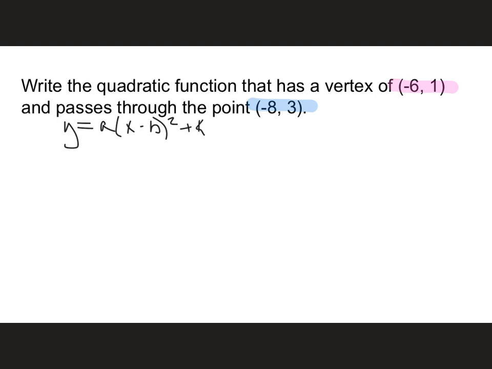And then y would be 3 equals a times x would be negative 8. And then this is going to be minus, and then our h is negative, so minus negative 6 squared plus 1.